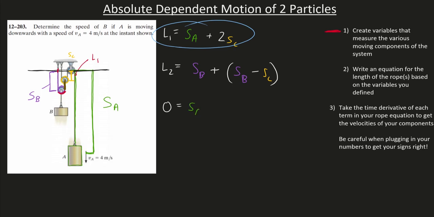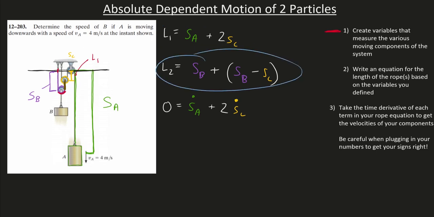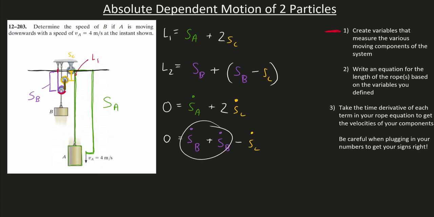And we'll have the velocity of rope A plus 2 times the velocity of pulley C. Doing the derivative of each term here, I'll have a 0 is equal to the velocity of my pulley B plus another velocity of my pulley B minus velocity of my pulley C. So really, there's 2 of these, so I'll just write 2 SB dot. Alright, so I got my derivatives.